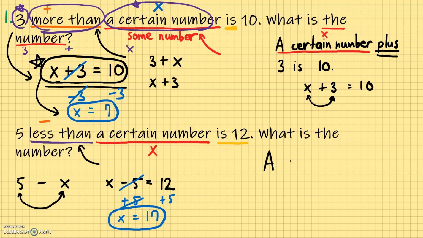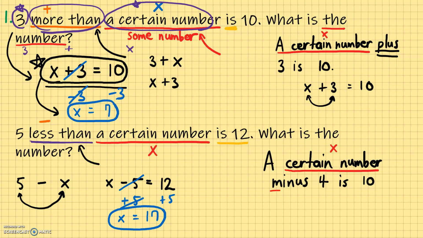Similarly, if you had a certain number minus 4 is 10, then you can just do x minus 4 equals 10. You don't need to switch the order here because this is not less than. You only switch the order of the letter and the number when you see less than or more than. Okay, so I hope that I made that clear here.